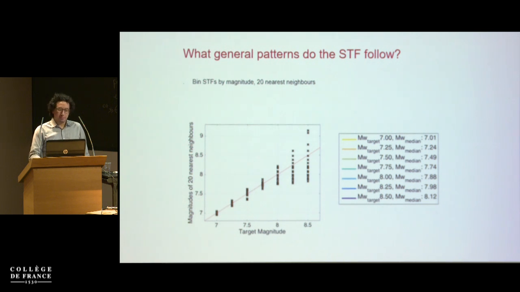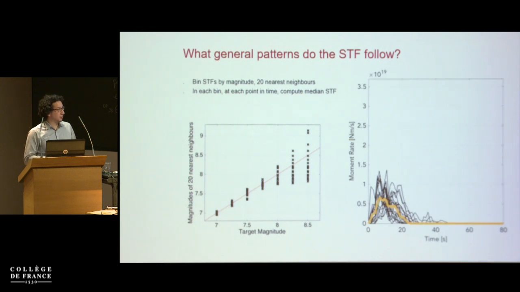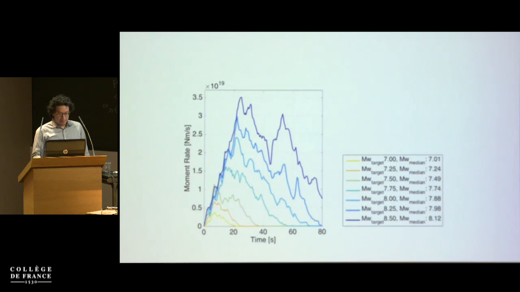For each bin, we can compute a median source time function. There are 20 source time functions there, and we compute the median. Here's one example for one of those bins: the 20 source time functions in black, and the orange is the median. And here, all those medians are plotted together for different magnitude bins.